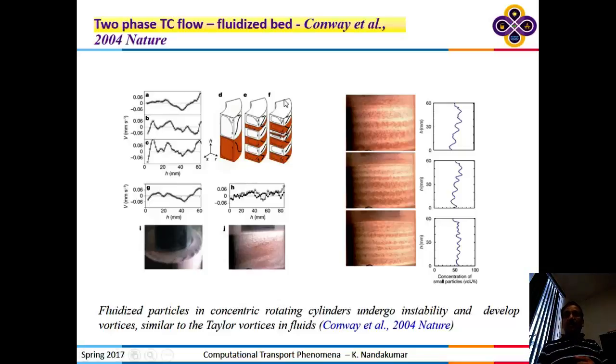So what they found was that these bands are forming in this situation also. This is now sand that's being fluidized by air, but with an inner rotating cylinder. And the air and the sand arrange themselves in bands like these. Okay? Again, these are experimental work. There's not much of a simulation to validate these things.